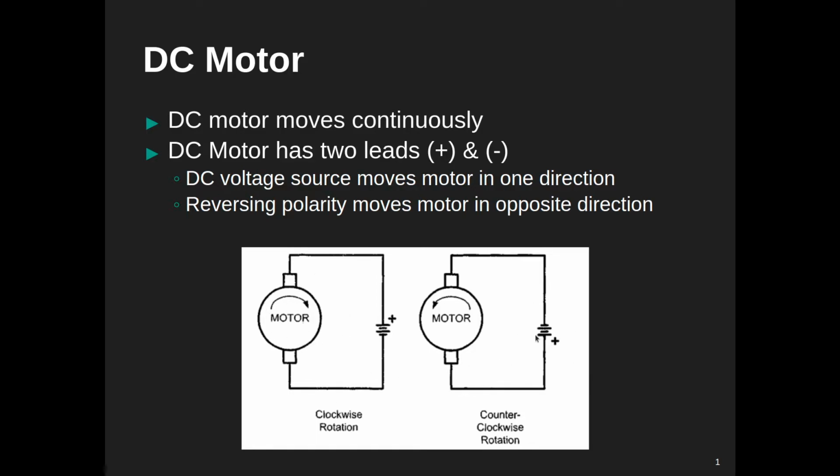If you reverse that connection, connecting the negative terminal to the terminal where you previously connected positive, and positive to the other, then it will start rotating in the opposite direction.